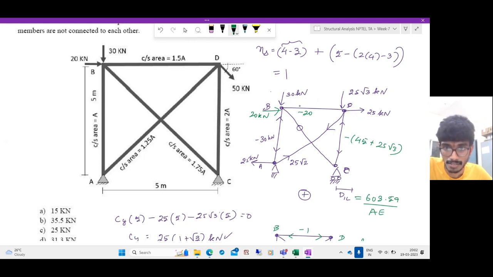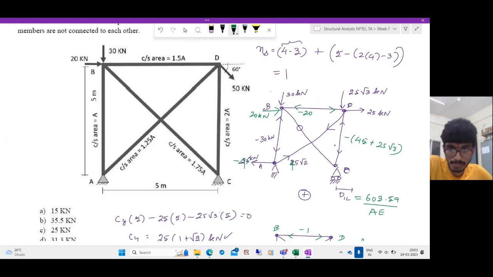So this is compressive 20. So the total rightward force on this joint is 20 plus 25, which is 45. So this force here should be 45. And this will be 20 plus 25, which is minus 45. Sorry about that. Now it is all right.